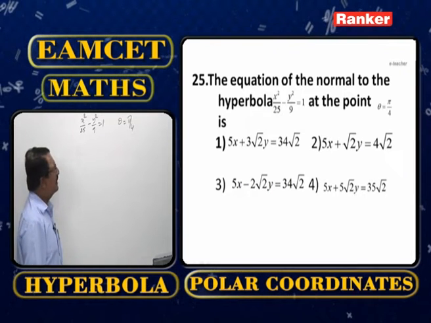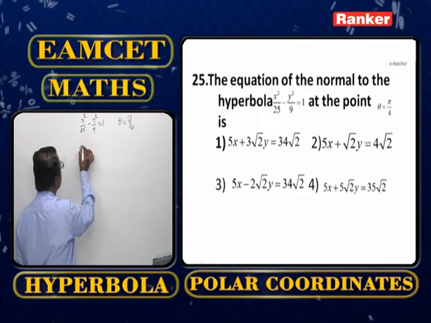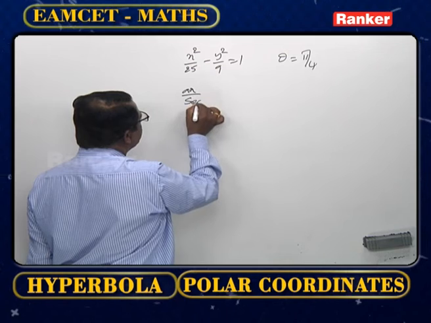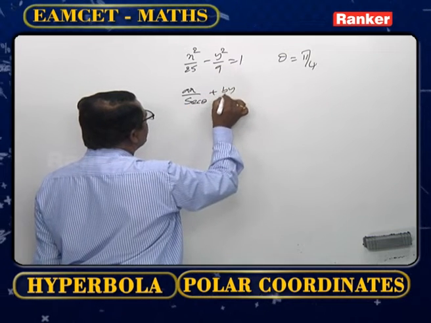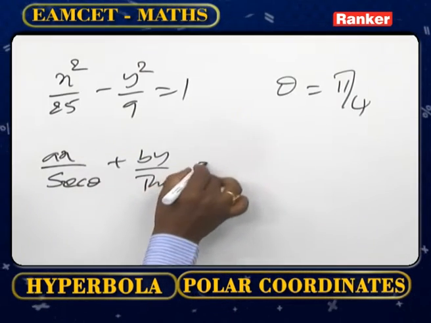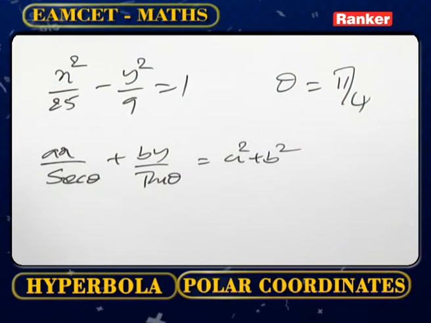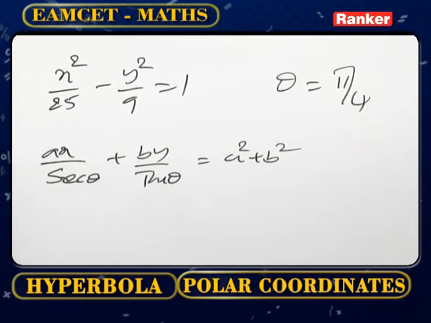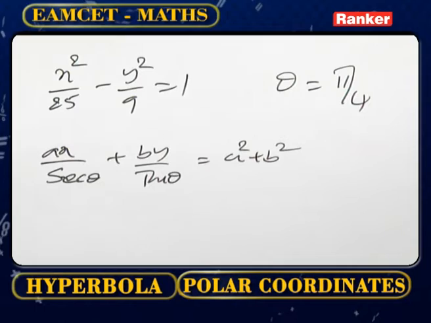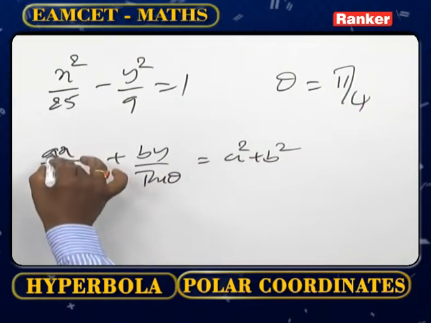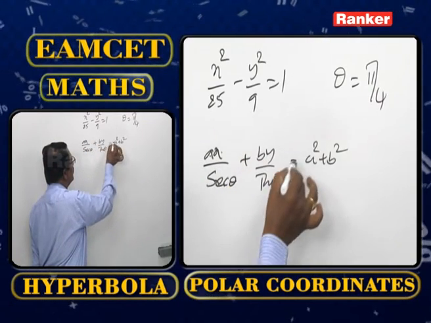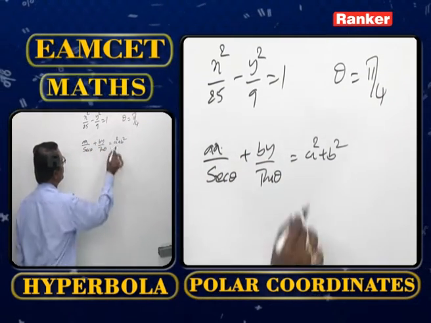Now, the equation of the normal at the point theta is ax by secant theta plus by by tan theta equals a square plus b square. This is the equation of the normal to the standard hyperbola x square by a square minus y square by b square equals 1.